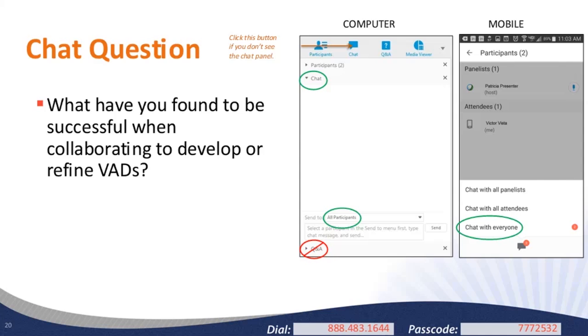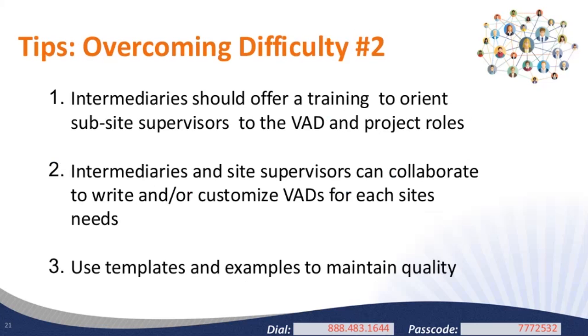Okay, so let's go ahead and take a look at some of the tips that we heard from our stakeholders on how to overcome this difficulty of coordinating among multiple sites to develop VADs. So as we mentioned, and we see this theme here, intermediaries are responsible for training their sub-site supervisors and should offer a training to orient those sub-site supervisors to the VAD and to the project roles.